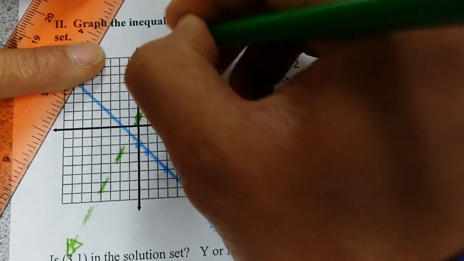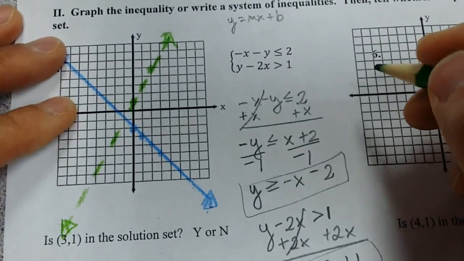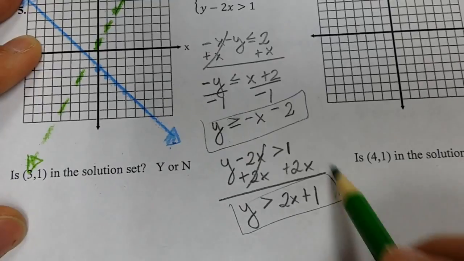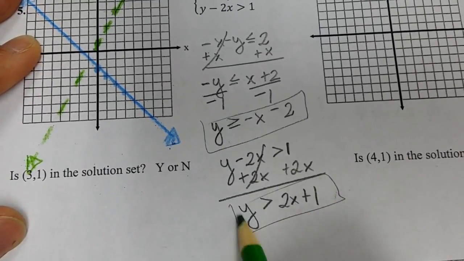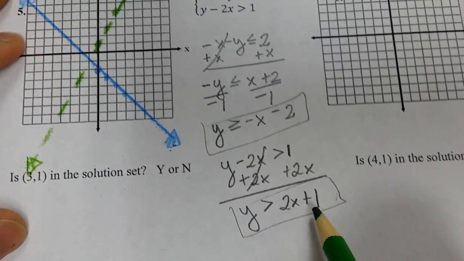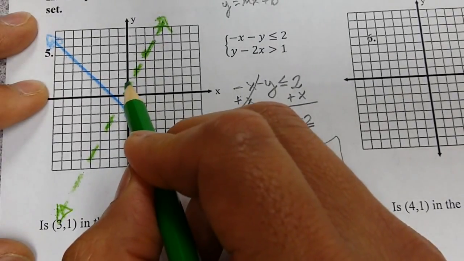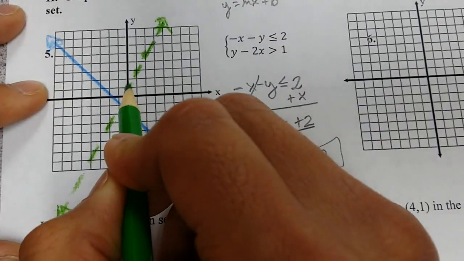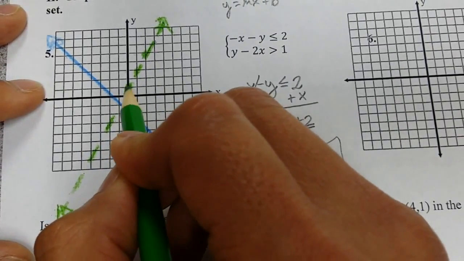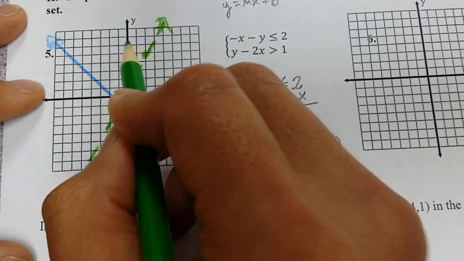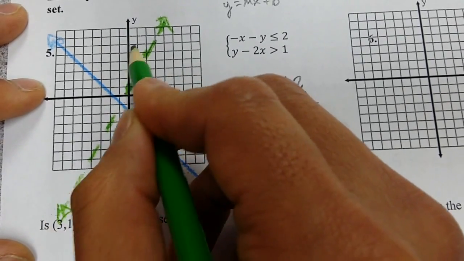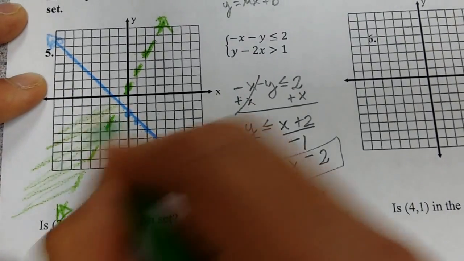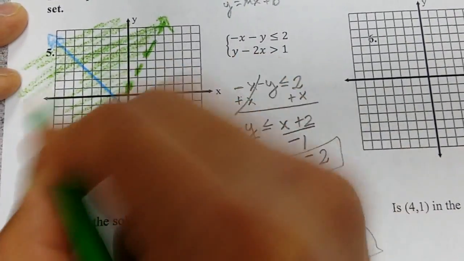Now we can start shading. I'll start with this line first. Y is greater than 2x plus 1. Here's the y-intercept, it's plus 1. So y values that are greater than 1 will be 2, 3, 4, 5. And you see how it's coming up on the left side of the line? So I shade to the left side.